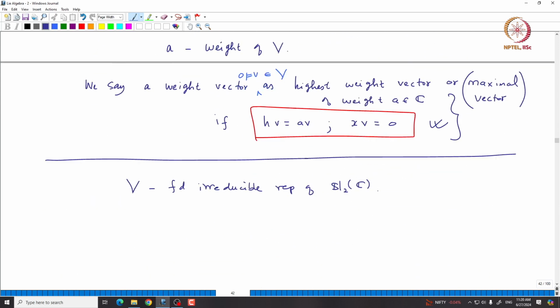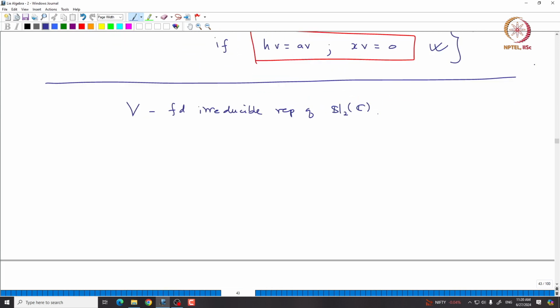Now we take a finite dimensional irreducible representation and see how one can prove H acts diagonally on that. Treat H as an operator on V. That operator must have some eigenvalue, which means it should have a corresponding eigenvector as well.